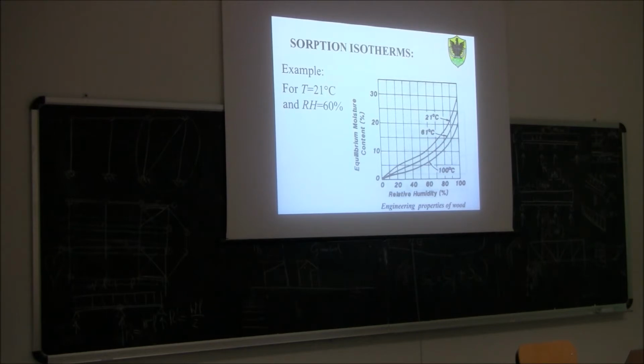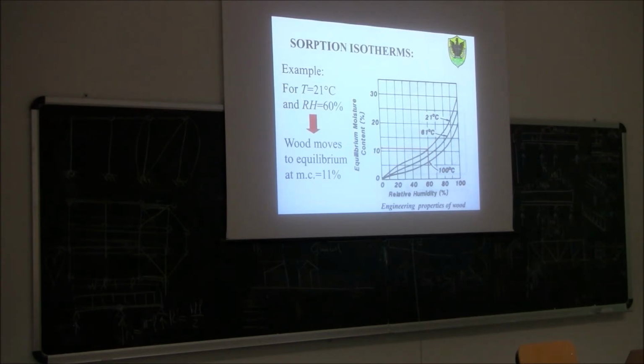Which value of equilibrium moisture content can you get, for example, in an environment characterized by 60% relative humidity and 21 Celsius degree temperature? You use this plot here, you start from 60 until you reach the curve at 29 degrees, and then you end up with an equilibrium moisture content of about 11%.